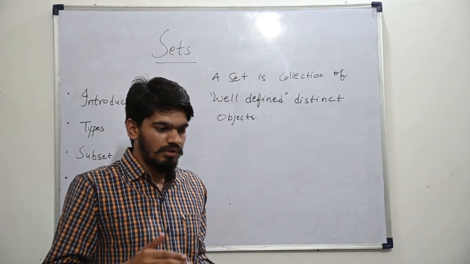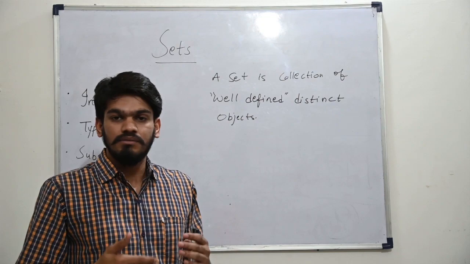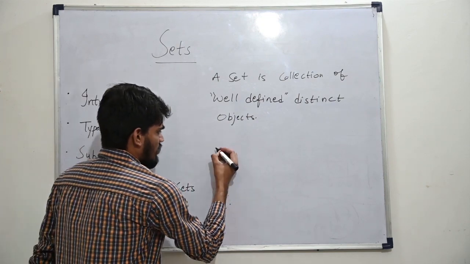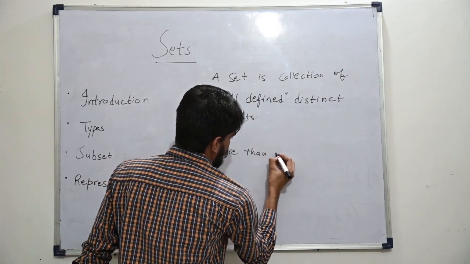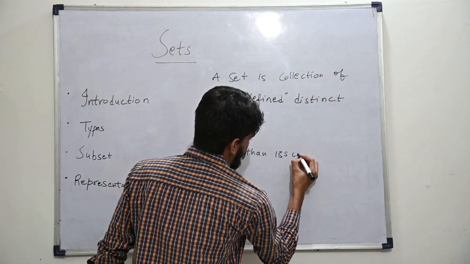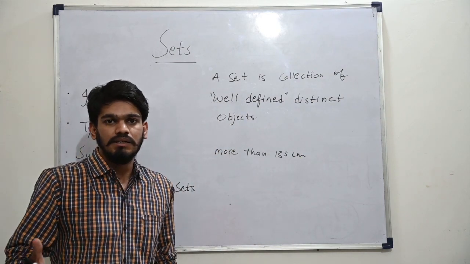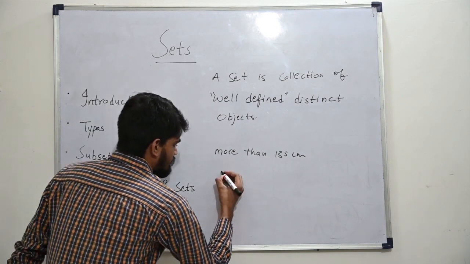Let's say I talk about in a class the age of the student, the height of the student I am taking as more than 135 centimeter, and on the other hand I ask about the number of tall students.